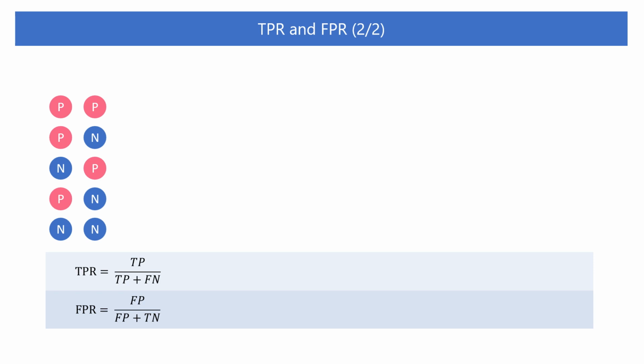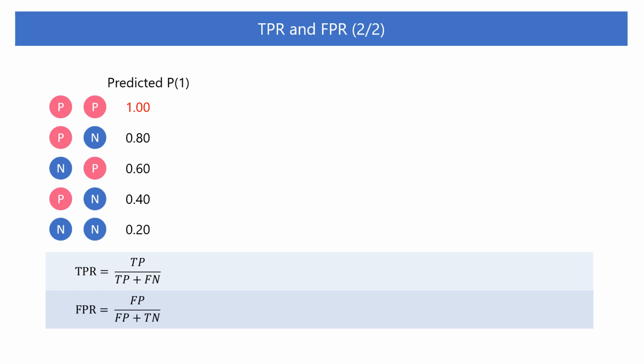Let's look at this with specific values. Suppose we have 10 data points, with red being positive and blue being negative. The higher the data point is in the diagram, the higher the probability that the classification model predicts the data point as positive. These values are the probability that each data point is positive, computed by the classification model for each data point.